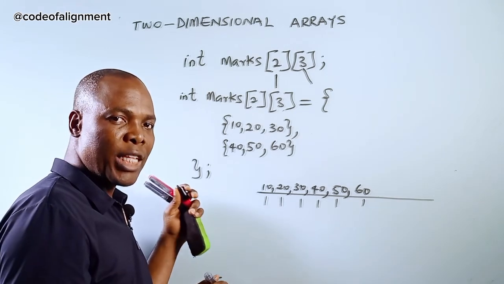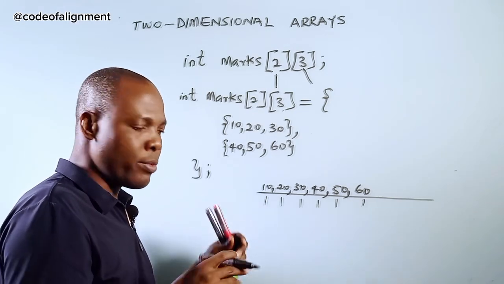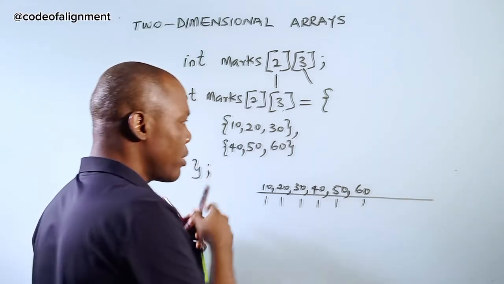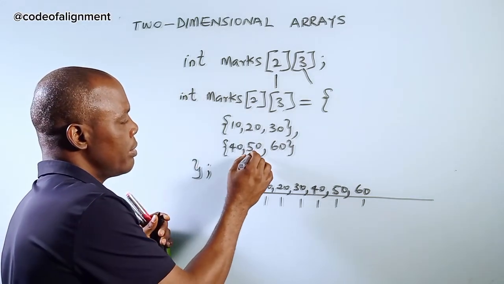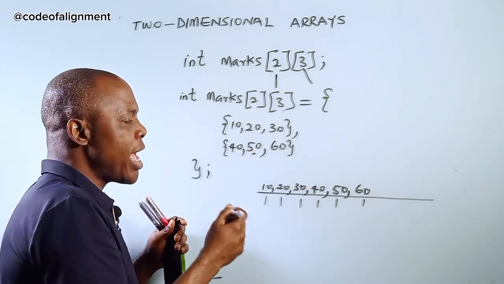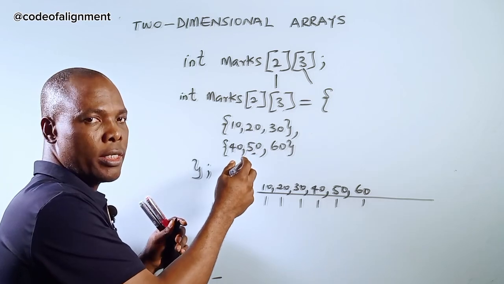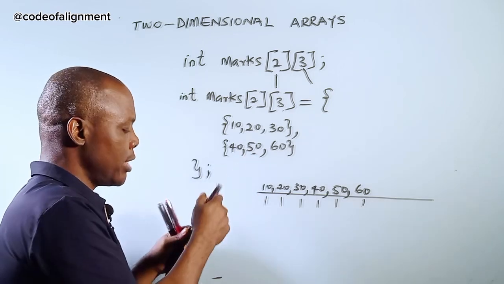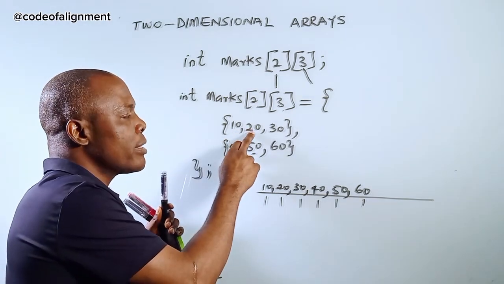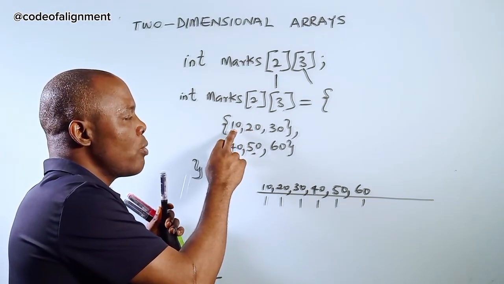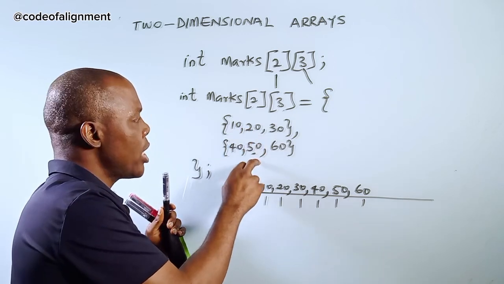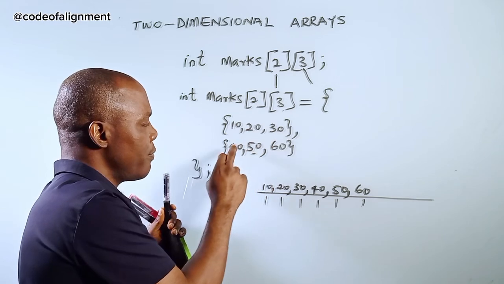Now, in the last class for one-dimensional array, I gave you a formula. The same concept will apply here. Assuming I'm looking for this 50, I want to find this 50 in the memory. So how is the compiler going to store it inside the memory? So there's the formula. The question you ask yourself is, how many elements will I meet before getting to this 50? That'll be what? 1, 2, 3, 4.